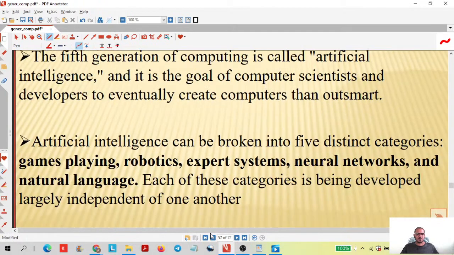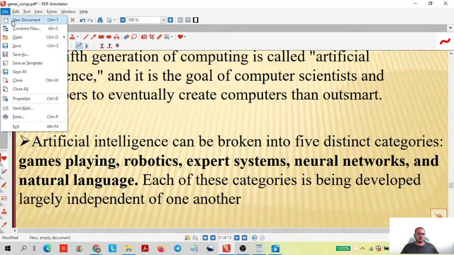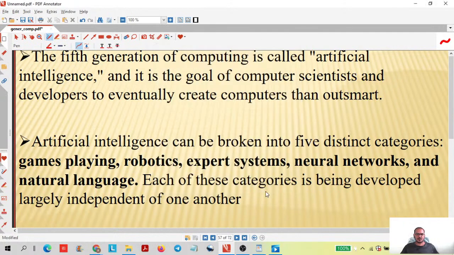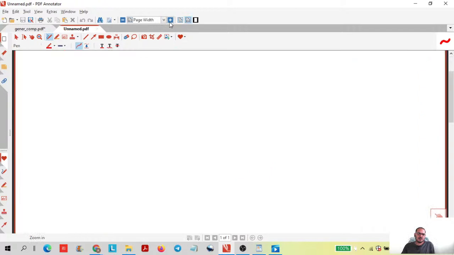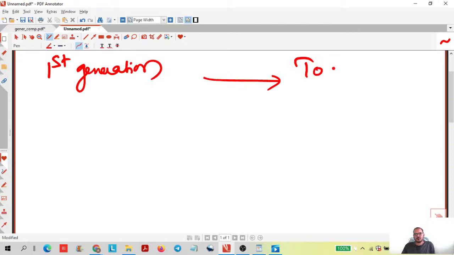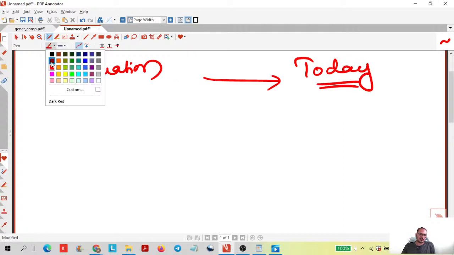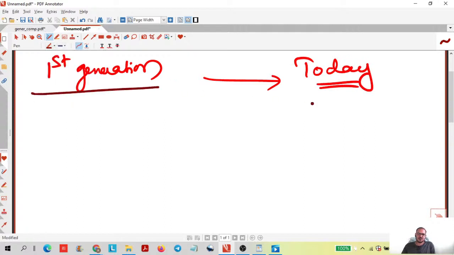So I just want to know from your side, if we compare the fifth generation computer with the first generation computer to till date, means today, just let me know what are the changes that we observed here. What are the changes? Yes, let me know.